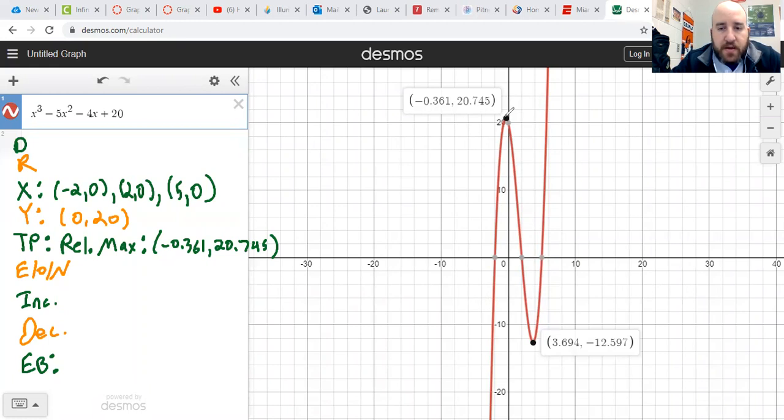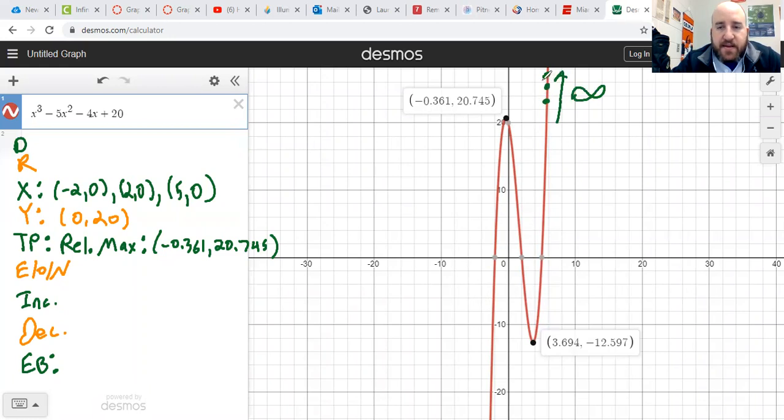Depending on your definition, and I think if you look in the book, it says it's the highest point of any other points that are around it. It's the highest point on a part of the graph that's not going to infinity. Obviously, these points are higher, okay? But this section of the graph is continuing to go to infinity.